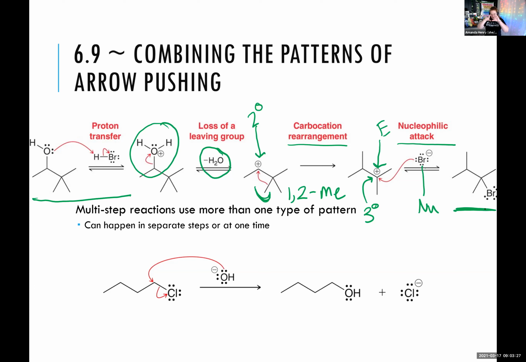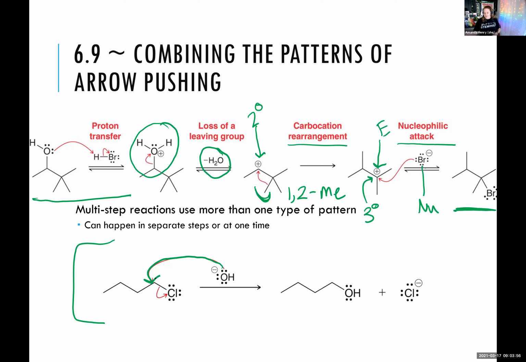Now, in that first little domino train up there at the top, we do see all 4 reactions, or all 4 mechanism patterns, but we're looking at them one at a time. In the example on the bottom here, we see 2 different mechanism patterns happening, but they're happening at the same time. So we have 2 arrows. We have one going from the alcohol onto that carbon.